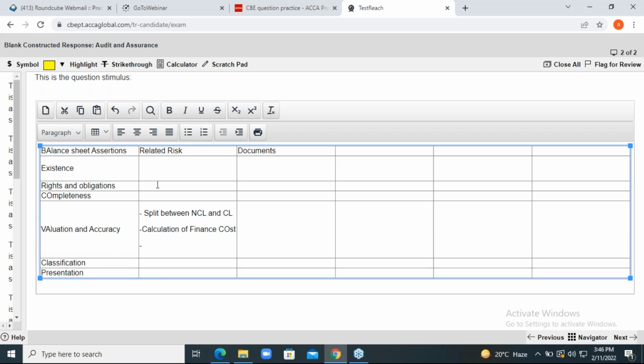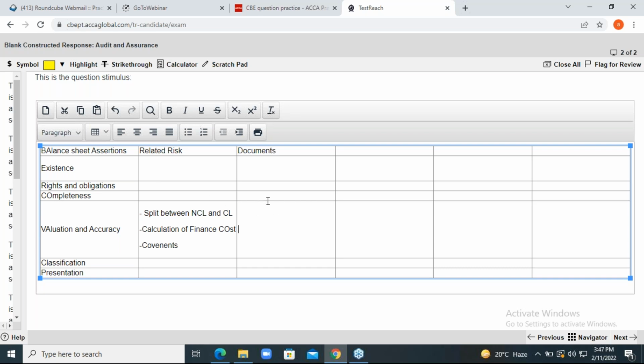Another risk that you would have identified in various questions was the covenants. If the covenants are breached, going concern issues may arise. At least the non-current liability would be converted into current liability if covenants are breached for that loan. Now, these were three risks that were identified.